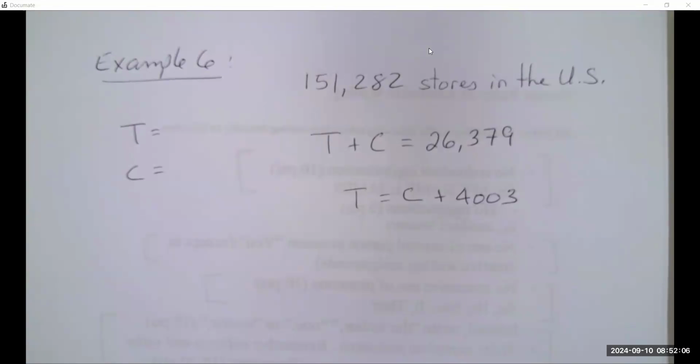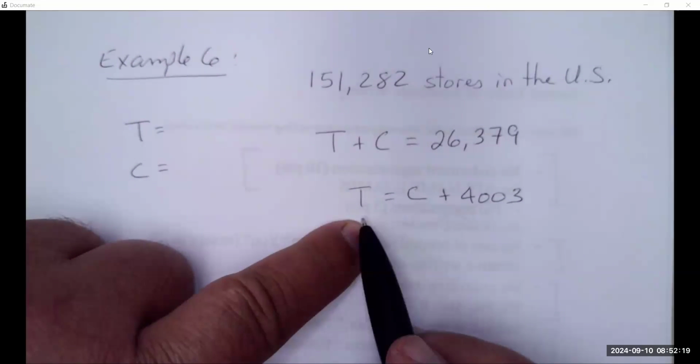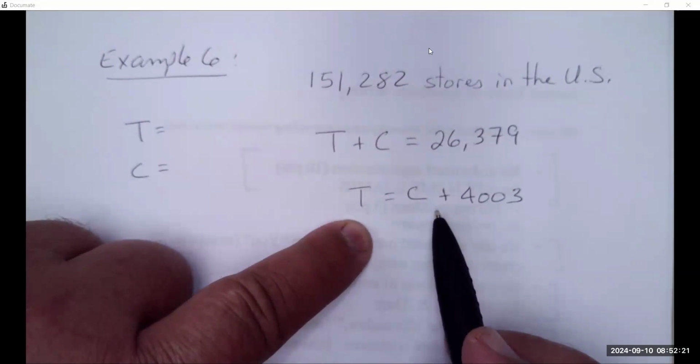You had a question? What part? You said we have to add the 4,003, because Texas has 4,003 more than California.